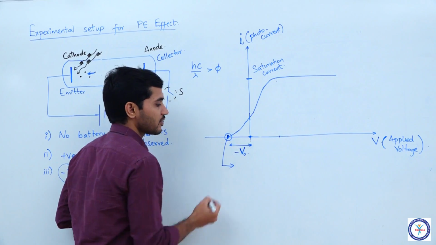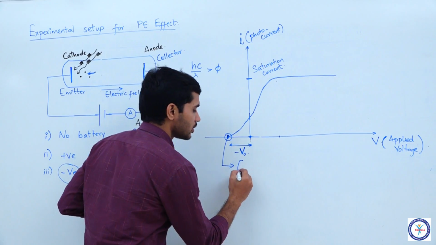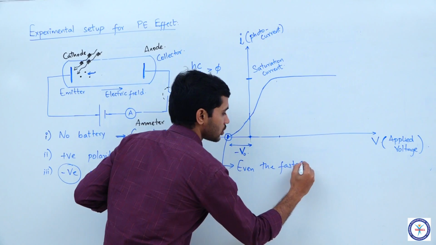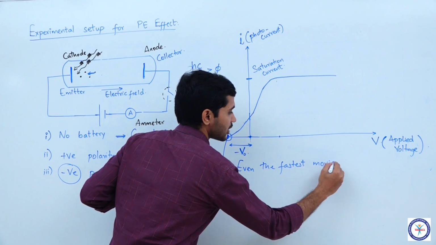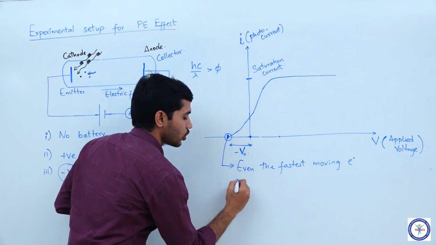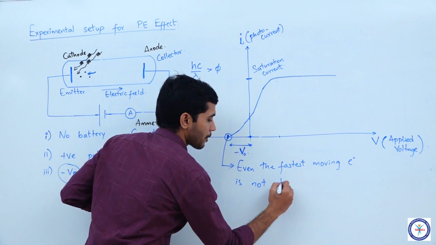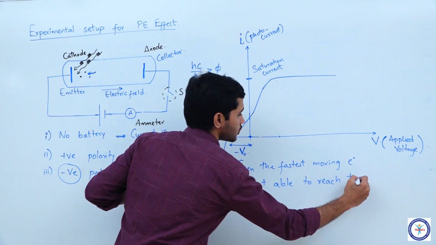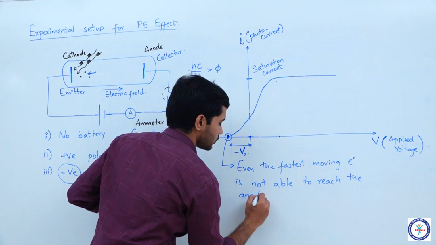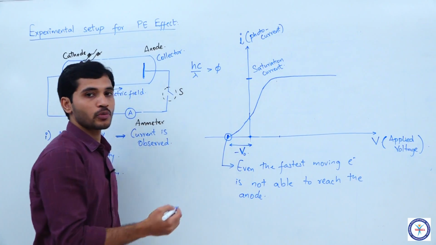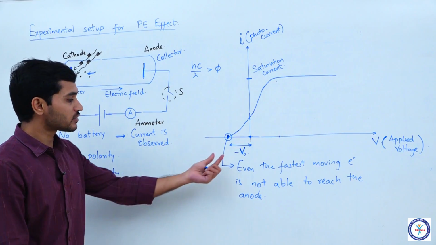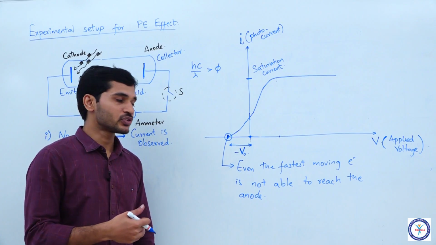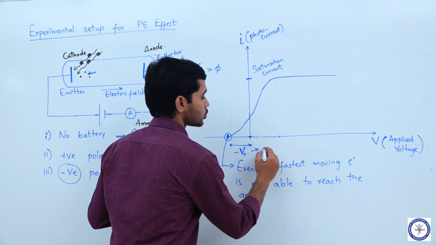This point on the graph signifies that even the fastest moving electron is not able to reach the anode. That is the reason why the current drops down to 0, and the value of that negative voltage which we have to apply to make the current drop to 0 is what we call stopping potential.